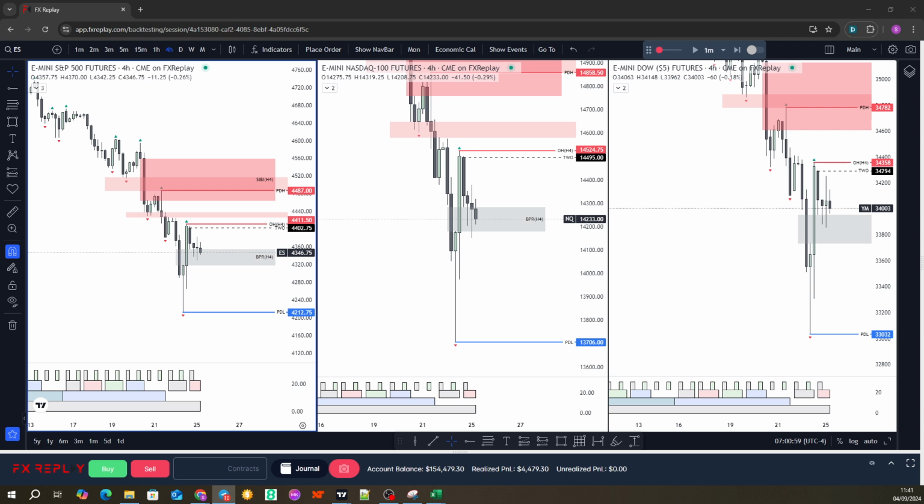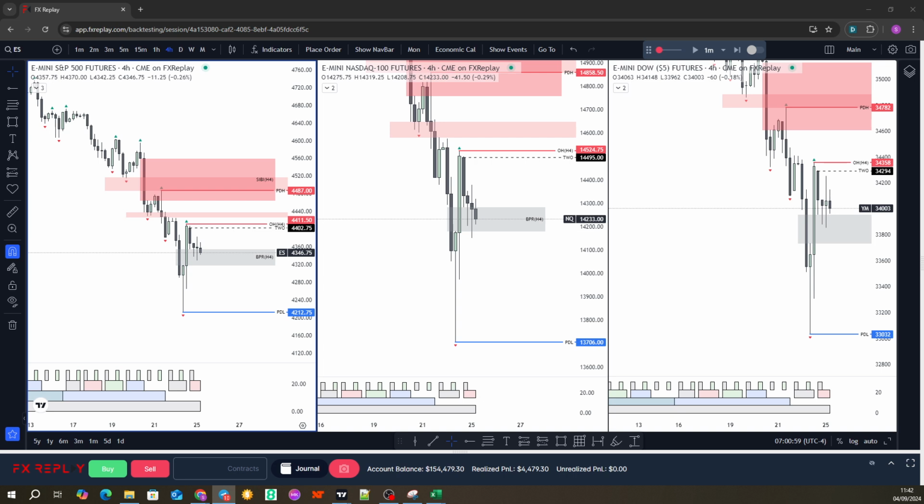Okay. We had noted how price was manipulating the old highs whilst displacing through the old lows, supporting lower prices.